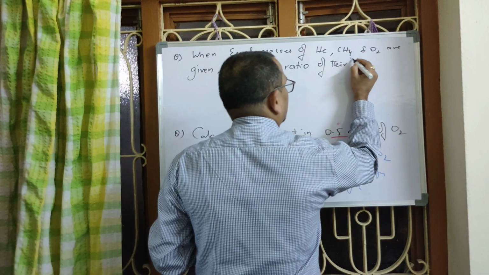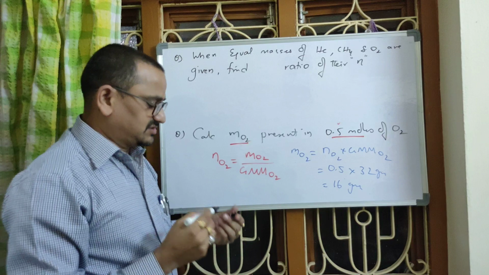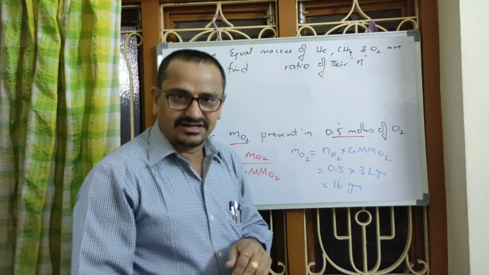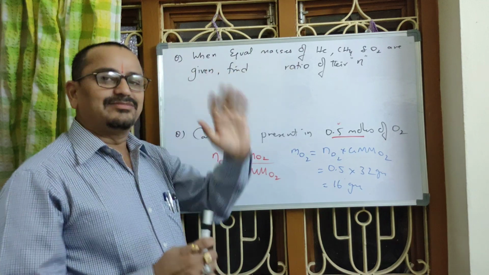You know that the small n corresponds to the number of moles, right? When equal masses of helium, methane and oxygen are given, find the ratio of their number of moles.